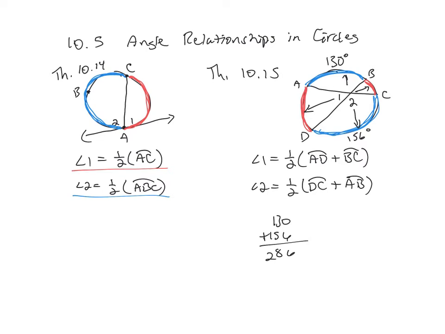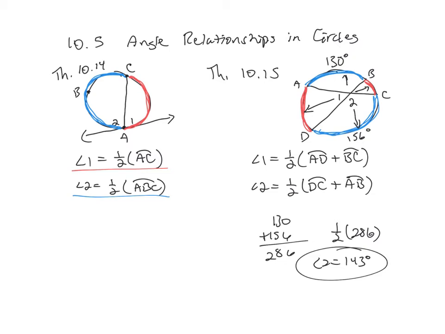And then you'll do half, or divide by 2, and you'd get 143. So they're fairly straightforward. Okay, so angle's half the arcs added together.